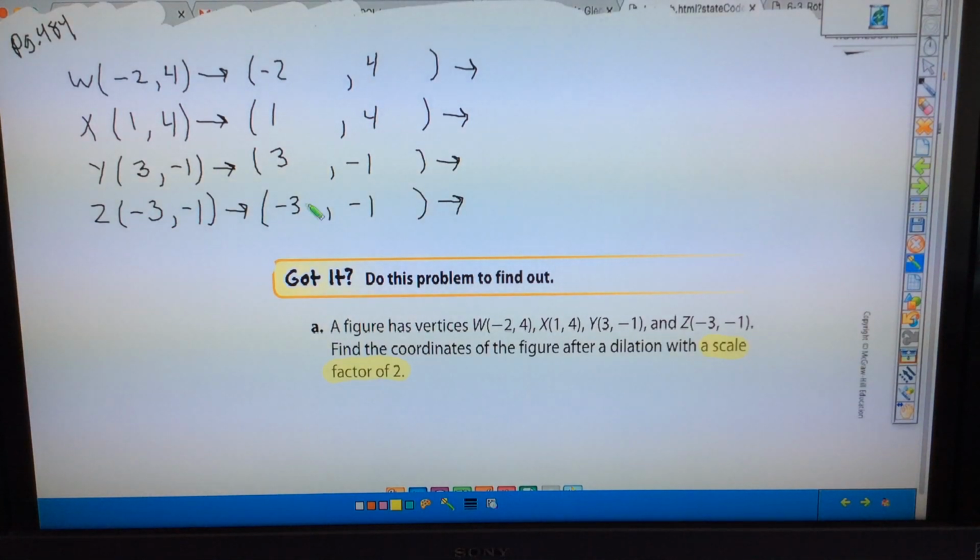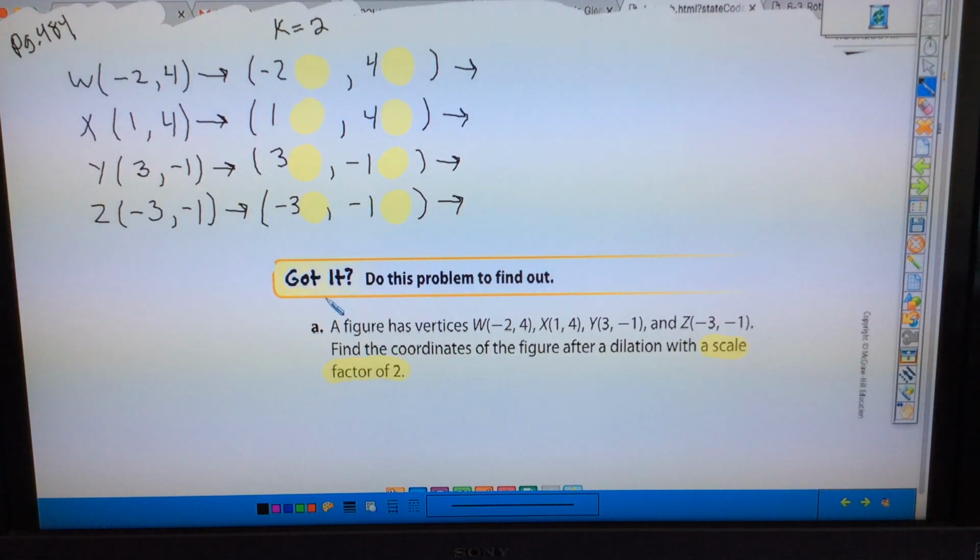Here's what I like to do: you can go ahead and write the original vertices, but you're going to leave some space. I'm going to plop in the scale factor right next to each X value and right next to each Y value, right? It tells us that our scale factor is 2, so K is equal to 2.